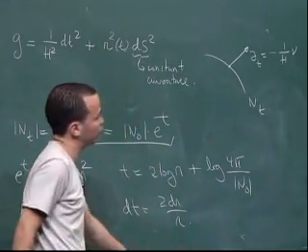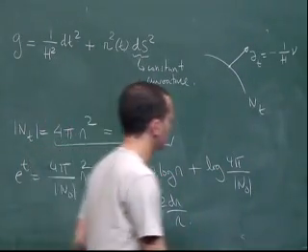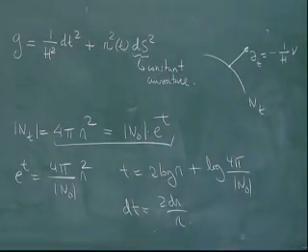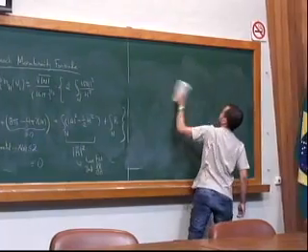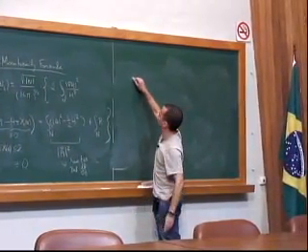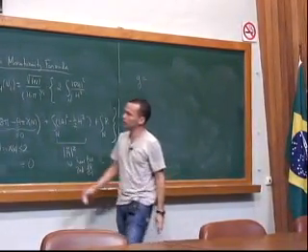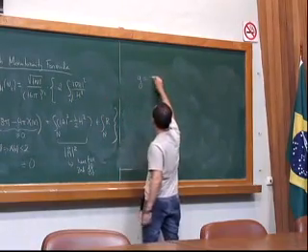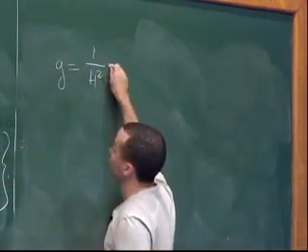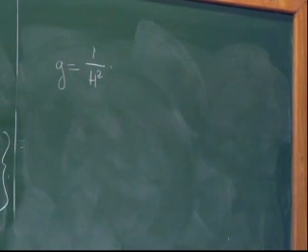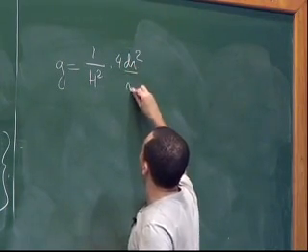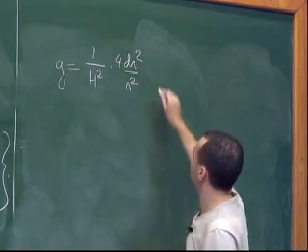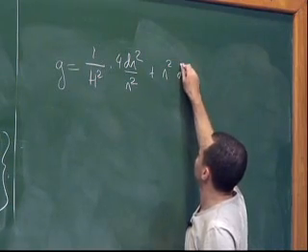Then you just have to replace, let me not erase this. Once you replace that, you get that the metric is 1 over h squared dt squared, so dt squared is just 4 dr squared over r squared, plus r squared ds squared.